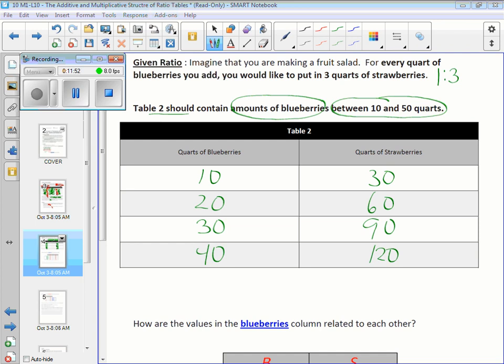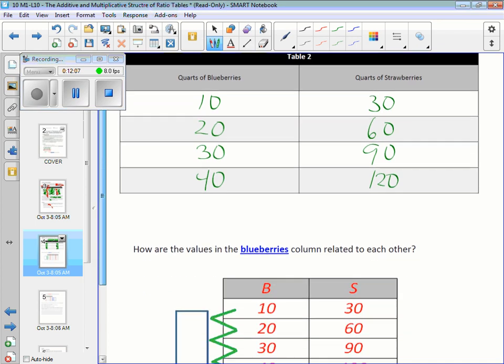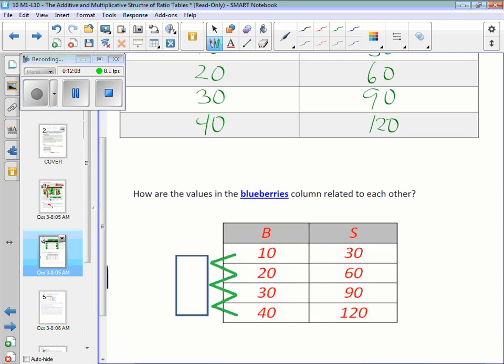That's why I do it with you, because I'm hoping that I can get it done before you realize the answers at the bottom. But as you'll see now, the additive structure for this new ratio table is different than it was for the first. What are you adding by going down on the left side?